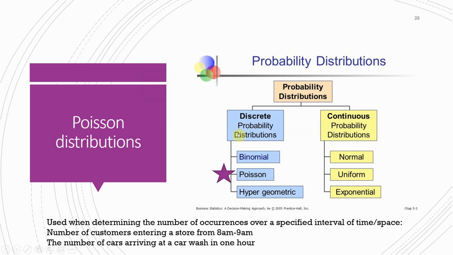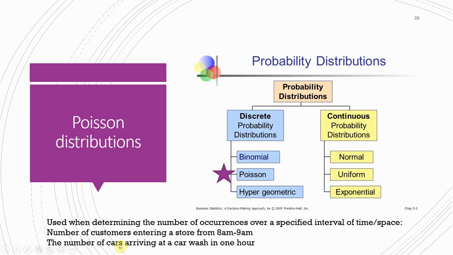Again, remember we're working with discrete probability distributions. We already learned about the binomial. Now we're learning about the Poisson. The difference between these two is that the Poisson is used when determining the number of occurrences over a specified interval, usually over time, but sometimes over space. Think about, for example, the number of customers entering a store between 8 a.m. and 9 a.m., over a specified interval.